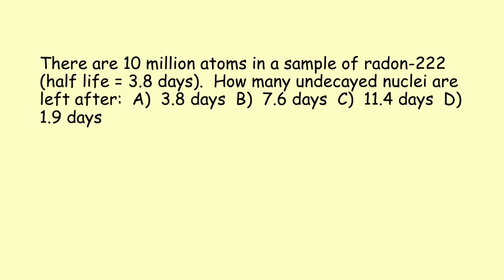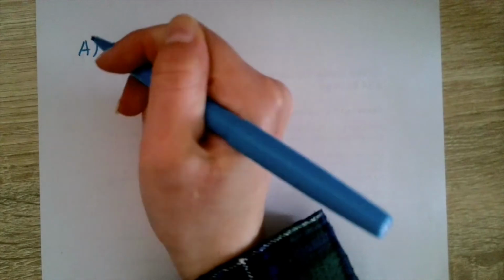So a question for us to have a look at: there are 10 million atoms in a sample of radon-222, which has a half-life of 3.8 days. How many undecayed nuclei are left after A, 3.8 days, B, 7.6 days, C, 11.4 days, and D, 1.9 days? For the question, we need to consider how many half-lives have happened in each of these periods of time.